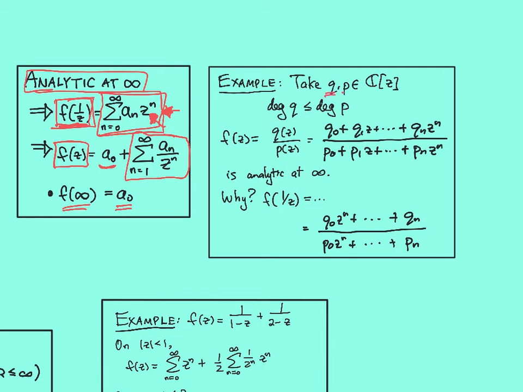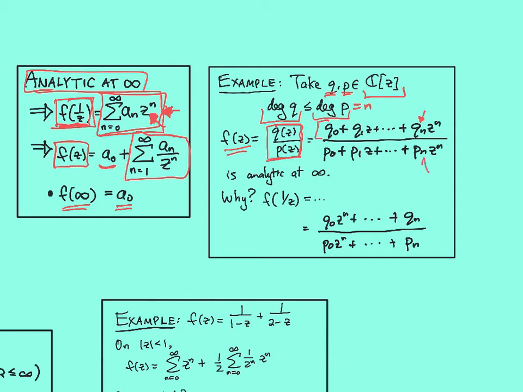Take Q and P polynomials in the variable z, and if Q has degree less than or equal to the degree of P, let's consider the rational function Q over P. And so I can write this out as a polynomial with coefficients Q0 plus Q1 z all the way to Qn z to the n, where I'll set n to be the degree of P. And it's possible that Qn here could be 0, but we'll allow for that.